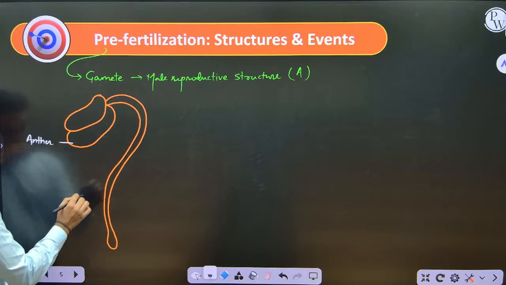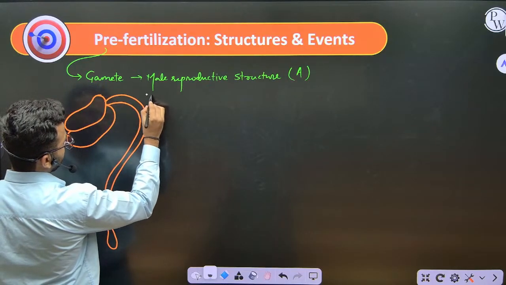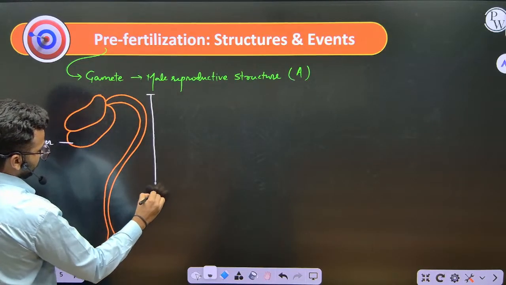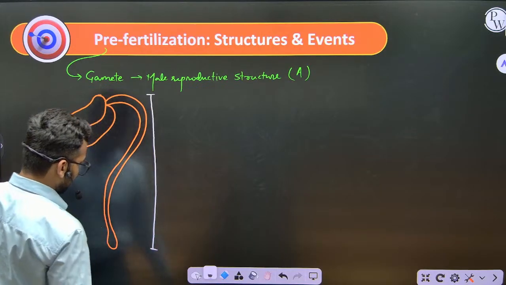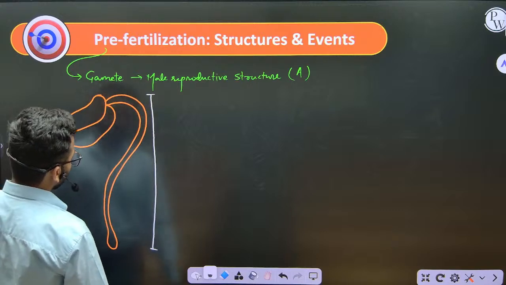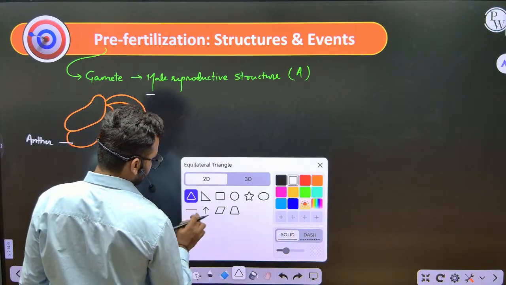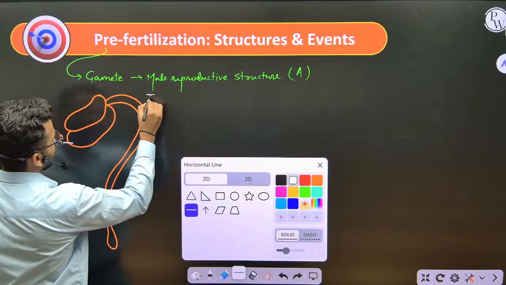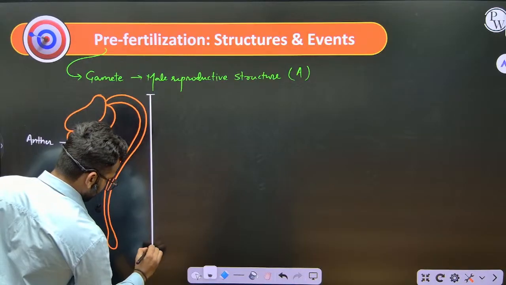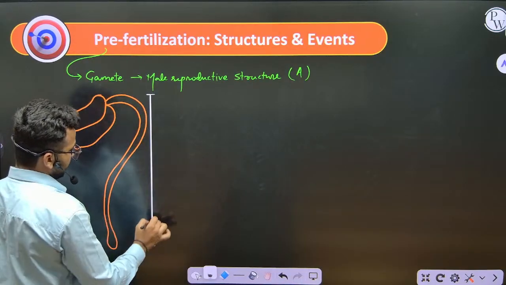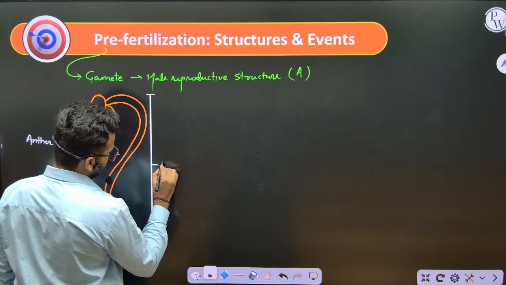From here to here we call this the filament.